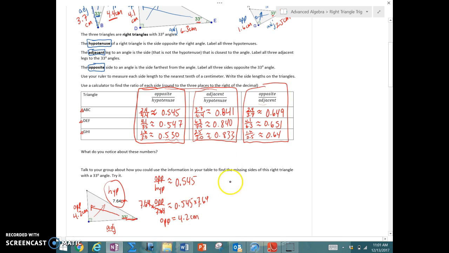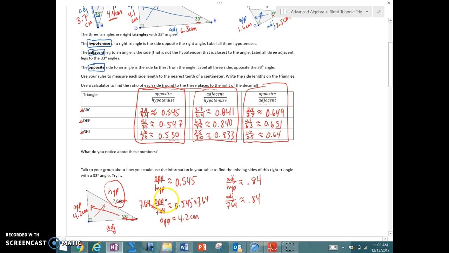Again, the second column said that the adjacent over hypotenuse is about 0.84. Okay, so that was kind of the ratio we got in all three cases. Again, I'm solving for adjacent, that's the one I don't know, but they gave me that the hypotenuse was 7.64. Now in theory, you could say, well, now I know the opposite as well, so could I have used opposite over adjacent?